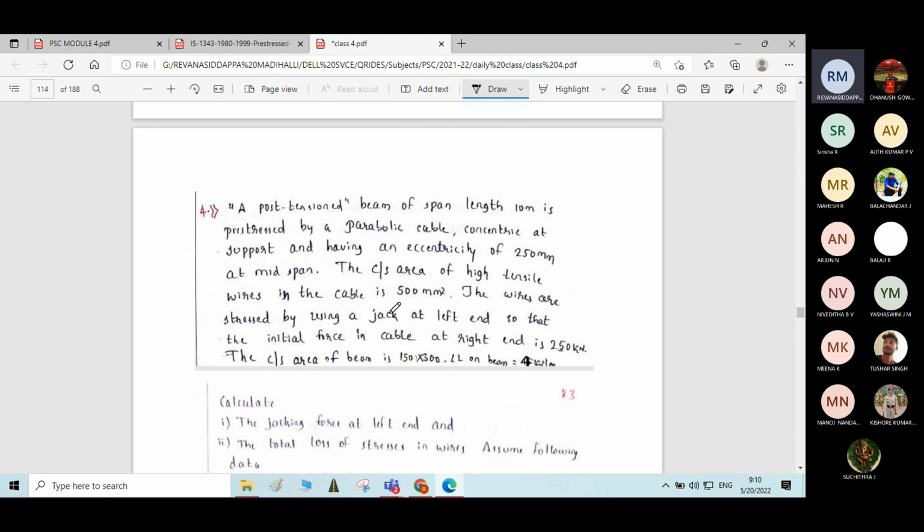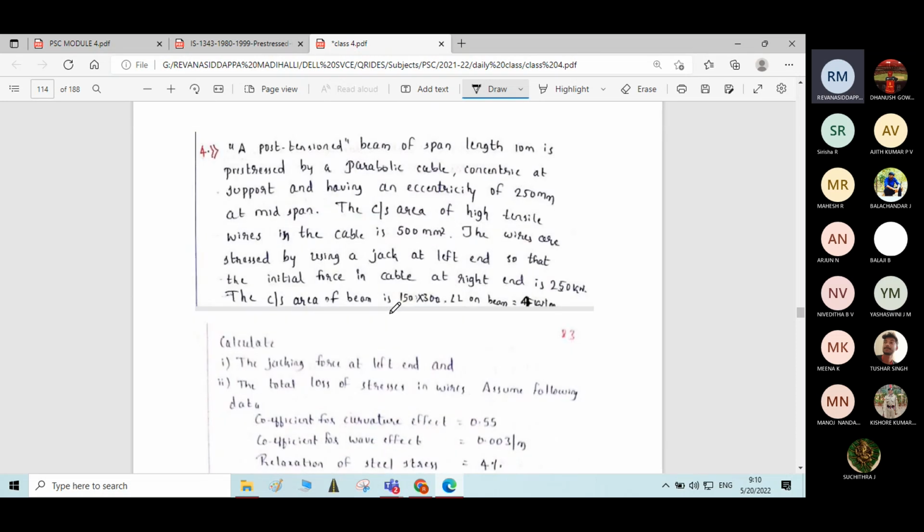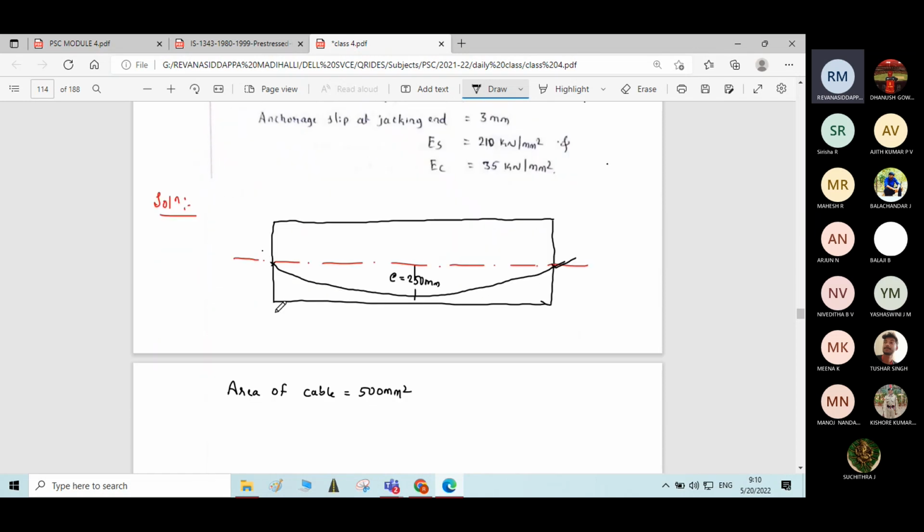Then the wires are stressed by using a jack at the left end so that the initial force in the cable at the right end is 250 kilonewton. There is a jack at the left end. Let me draw the figure here.